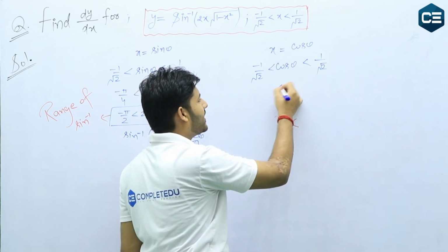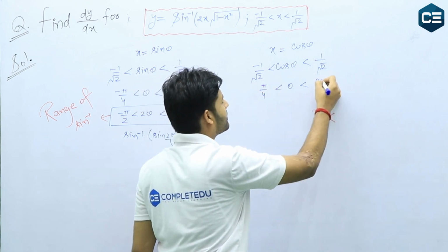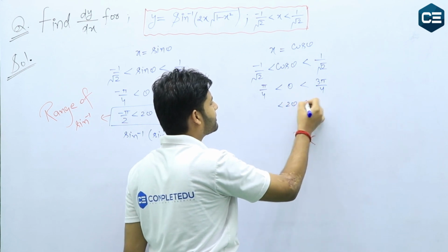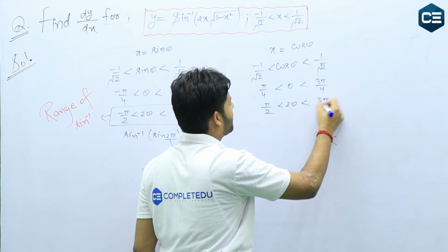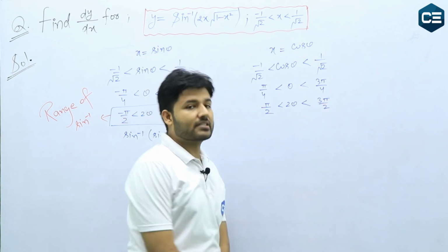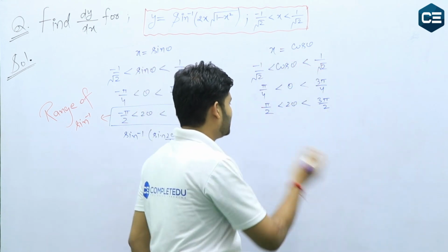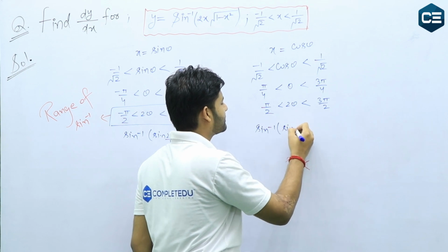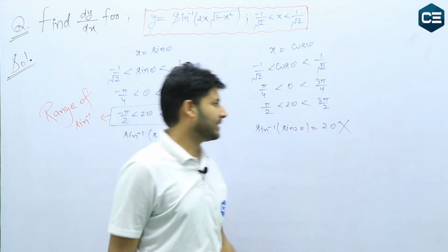So our theta lies between pi by 4 and 3 pi by 4, which means our 2 theta lies between pi by 2 and 3 pi by 2. And the mistake we made in the question is that when we put x equal to cos theta, we directly wrote sine inverse of sine 2 theta equals 2 theta. This is wrong. Here is the mistake.